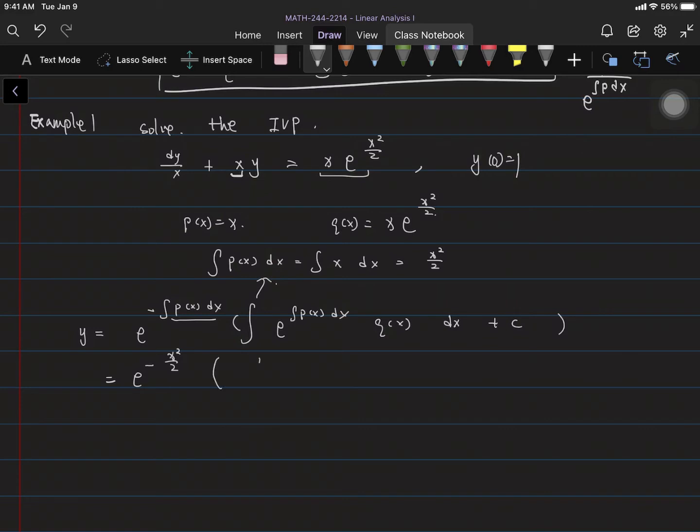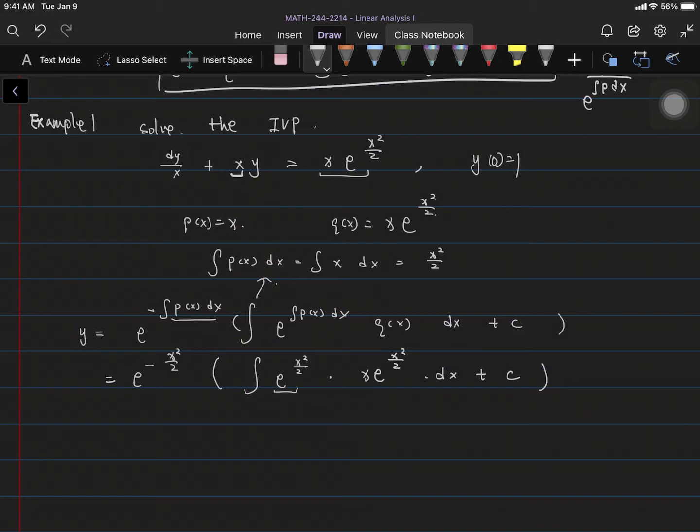And here, integral e to the x squared over 2 positive. And Q(x), what is Q(x)? x e to the x squared over 2, and the dx, and the plus c. Right?